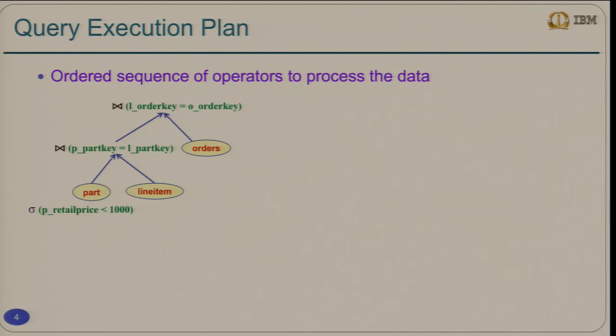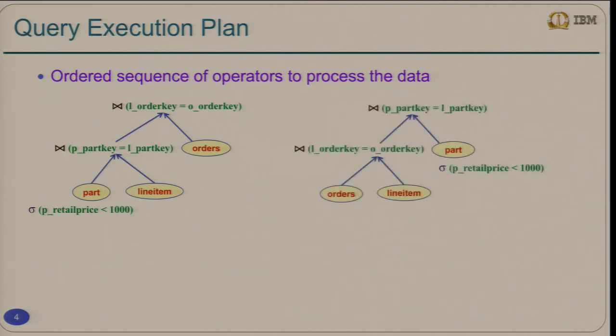A plan is basically a tree of operations that is going to take place, with the actual base tables at the bottom and the final answer at the top of this tree. Here you will take the parts relation and do a select operation on retail price, then join that with the line item table, and then join the result of this operation with the orders table, and what you get as the output of this join is the answer to your query, right?